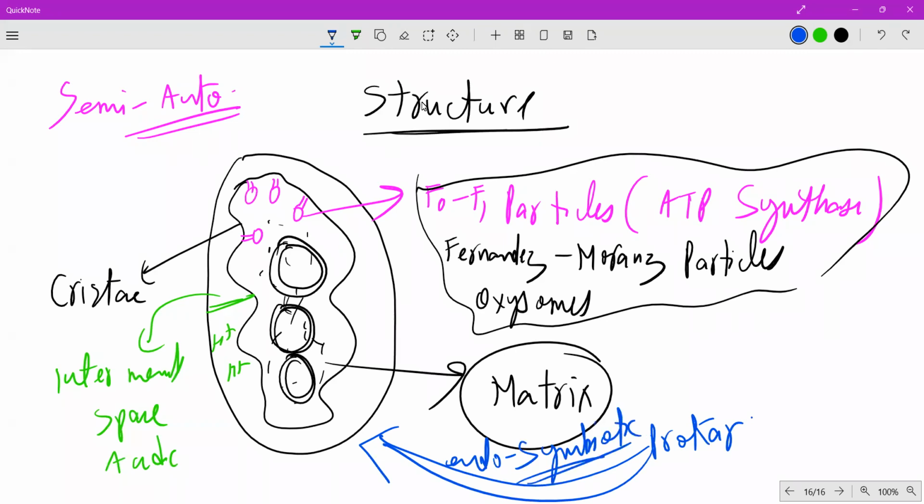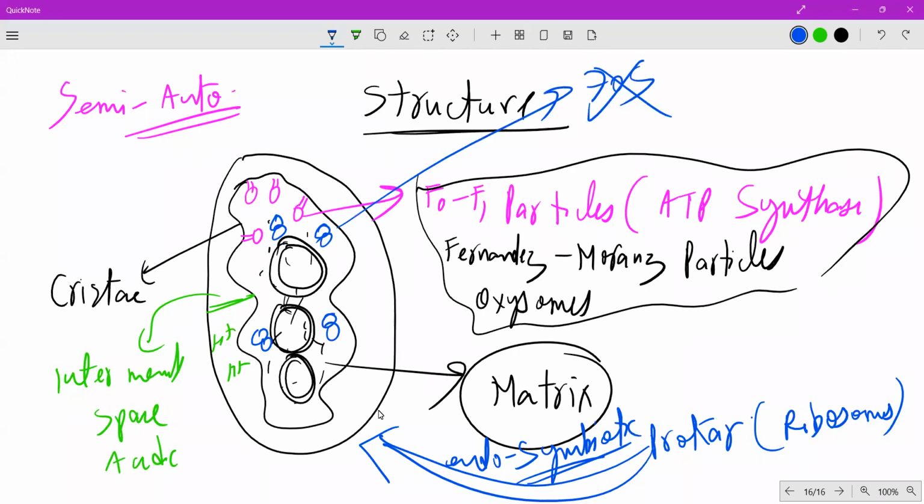Because prokaryotes have ribosomes, and because mitochondria evolved from a prokaryotic cell, mitochondria is also supposed to have ribosomes. So what kind of ribosomes are they, 70S or 80S? Somebody says 70, and that is wrong. If you say 80S, that is also wrong.